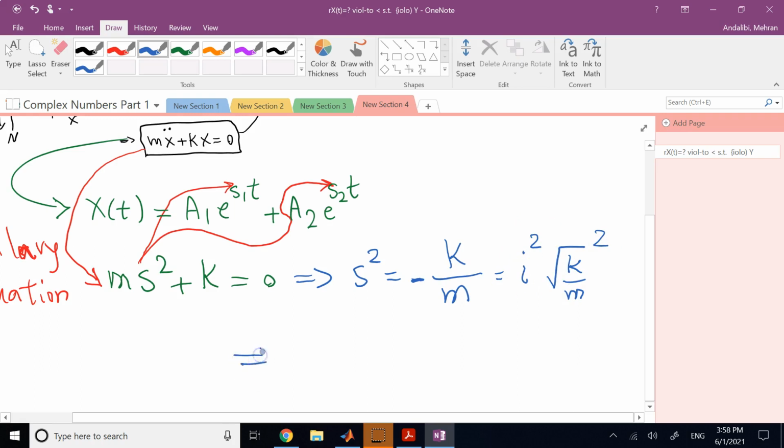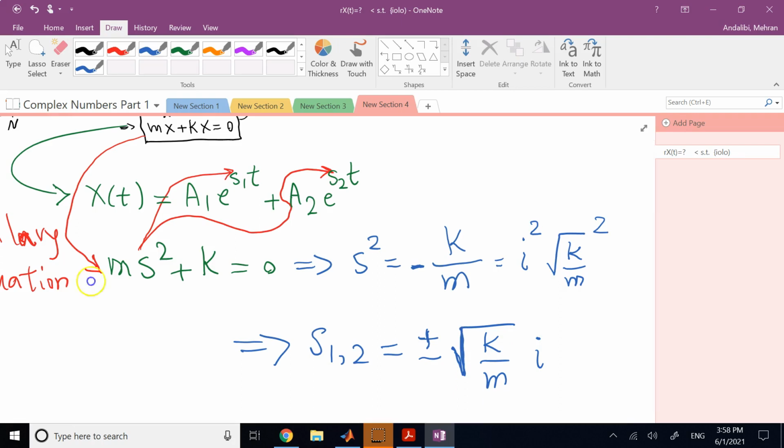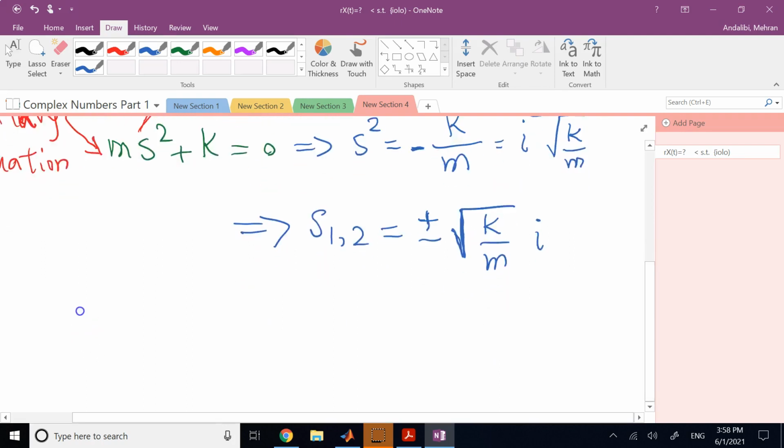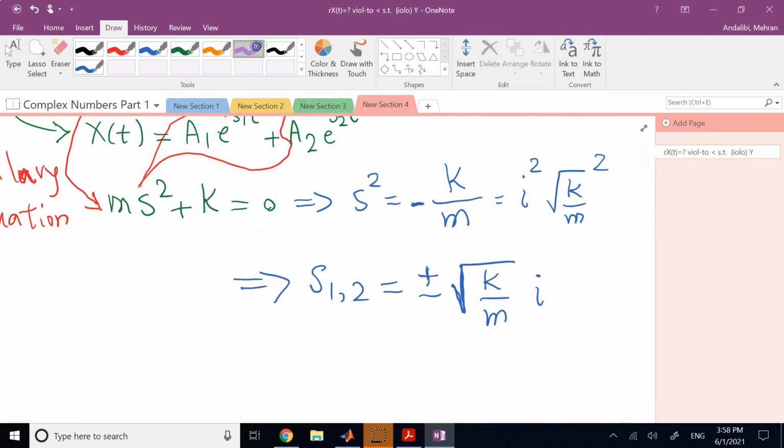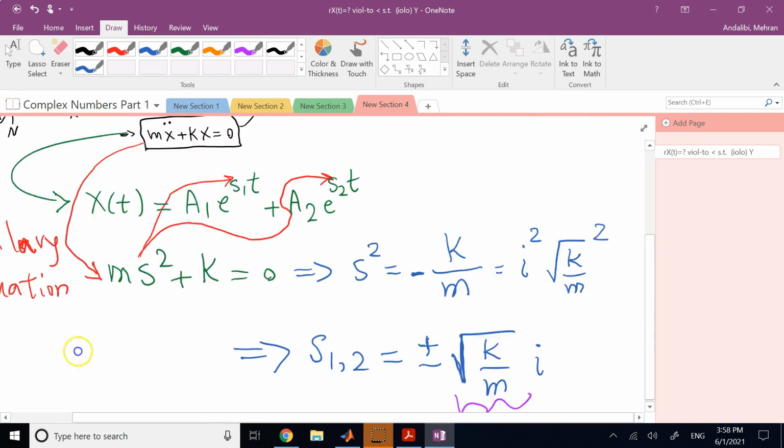Because this is going to be k over m, this is going to be negative 1. And so the solutions S1 and S2 are positive and negative square root of k over m times i. Okay, so these are my solutions. Where now, if you don't mind, I would just call this guy here omega n, which I call the natural frequency of the system.